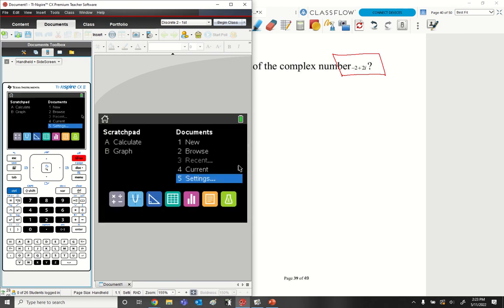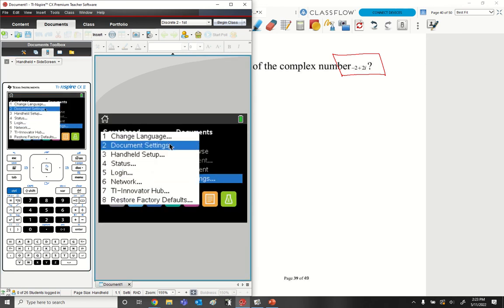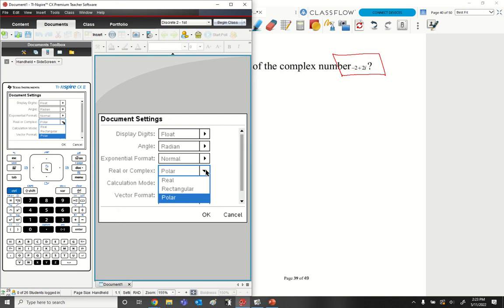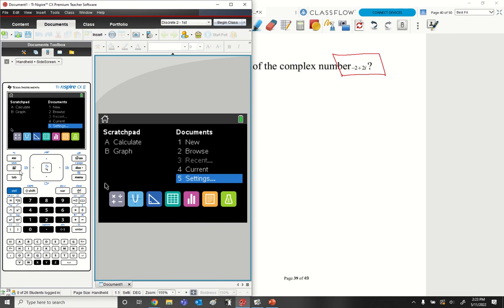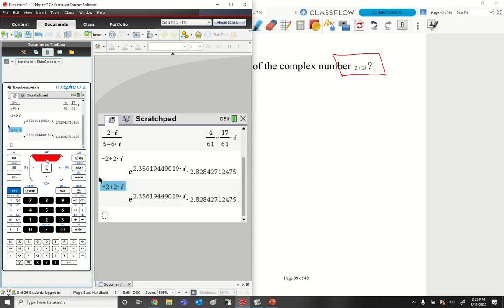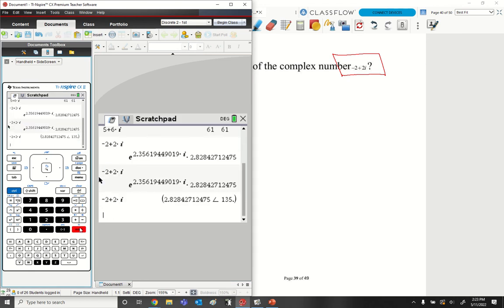It needs to be in degrees. I was in degrees and got a whole different answer. You've got to have it in degrees, because this theta, your angle, is in degrees, so I just changed it to degrees.